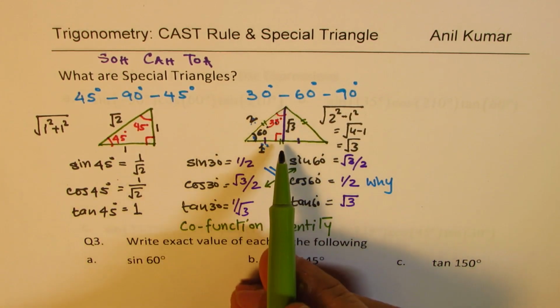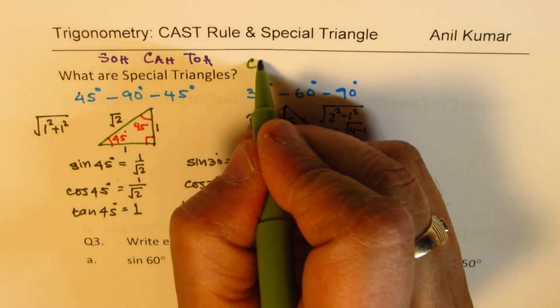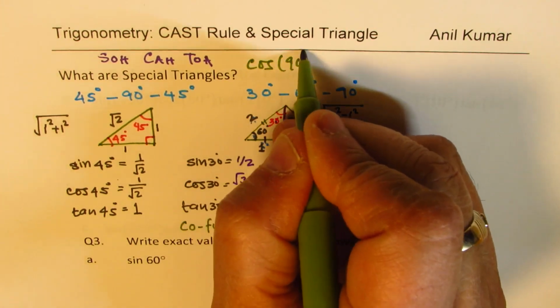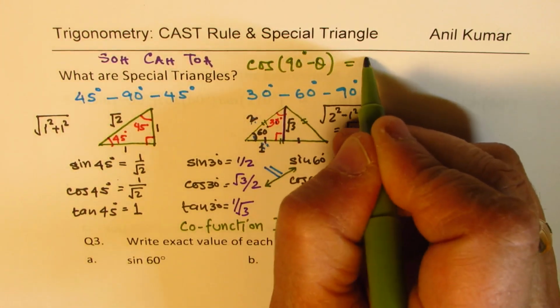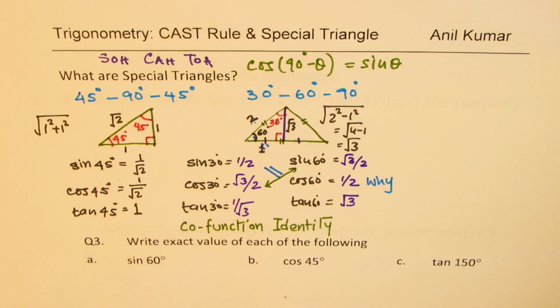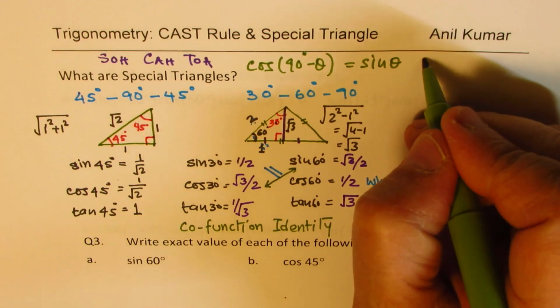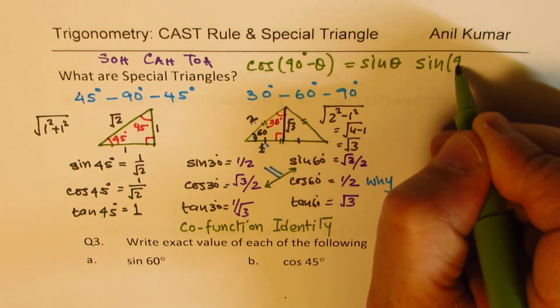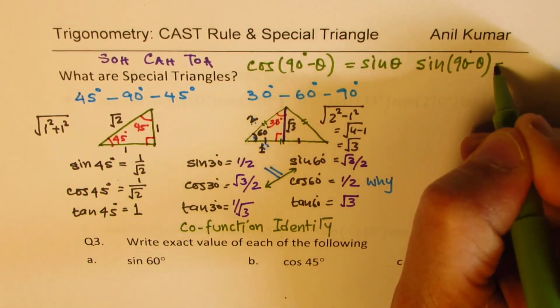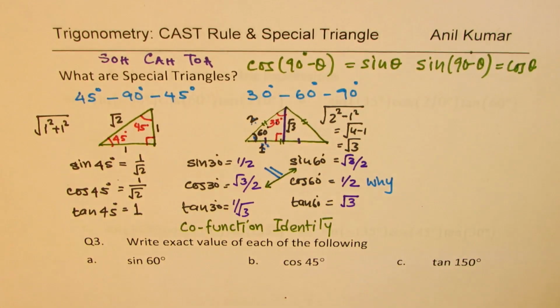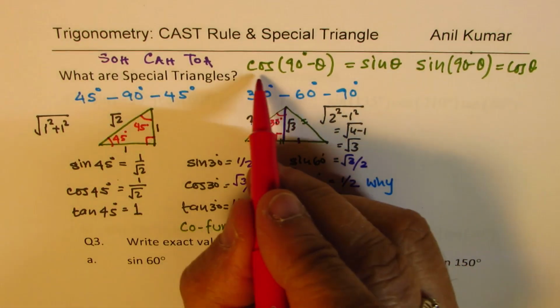Correct? So in any right triangle, what we have is that cos of 90 degrees minus theta is equal to sine of theta. Do you get the idea? It works both ways. That is to say, sine of 90 degrees minus theta is equal to cos theta. Perfect. So make a note of this.